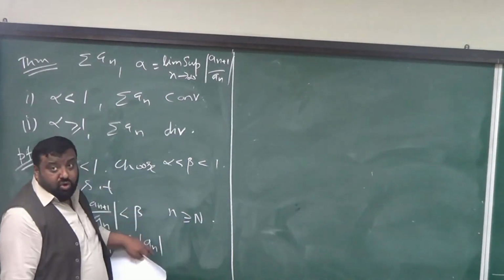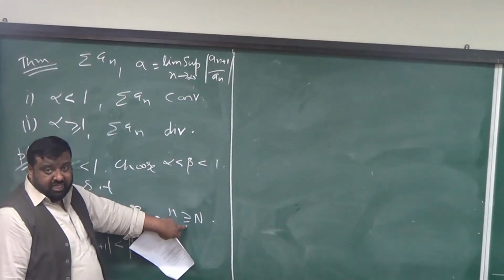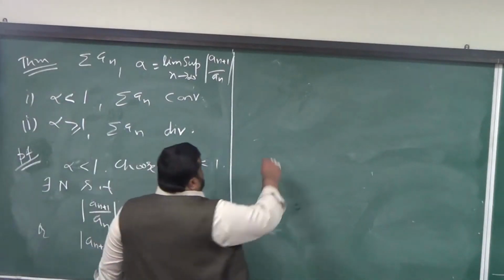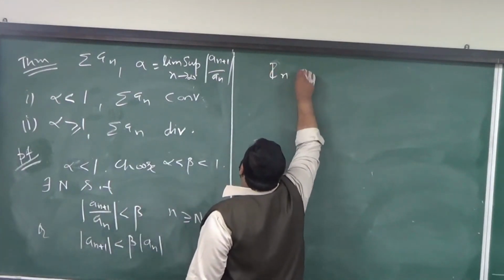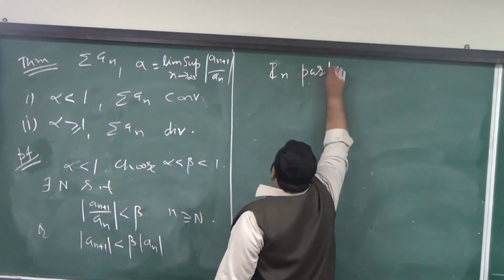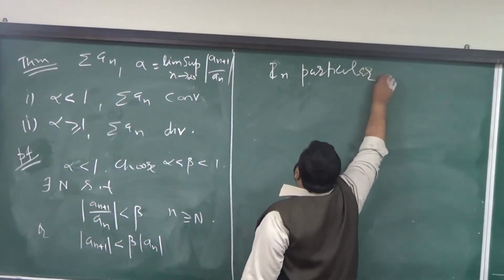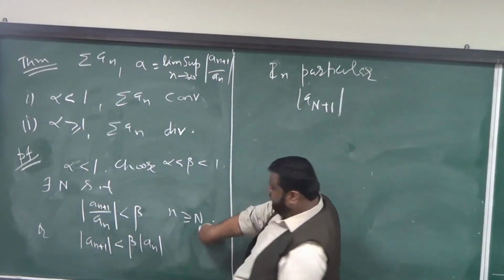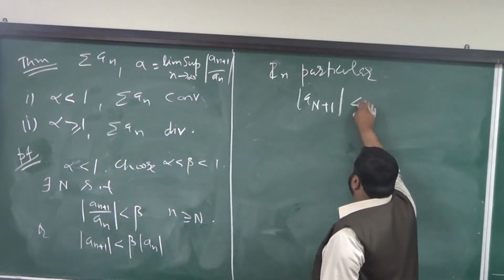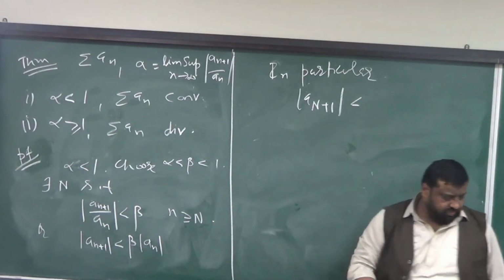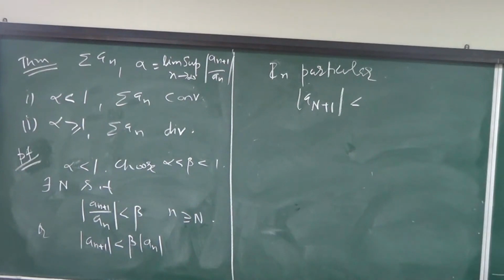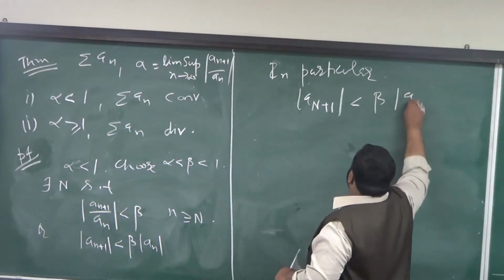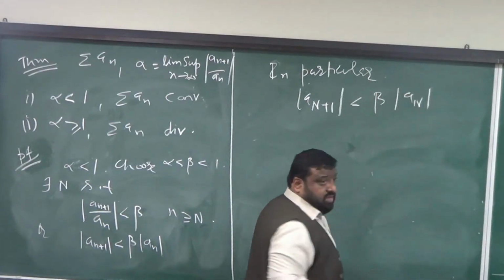So this is true for all n, if you fix N. So in particular, consider this. If I have a_(N+1), so this N, which is this capital N, is going to be smaller than beta times a_N. So it's going to be beta times a capital N.